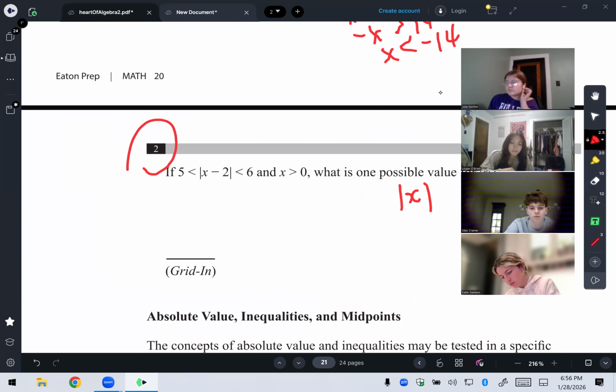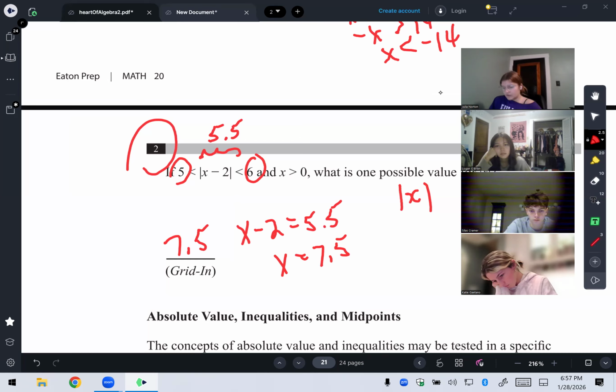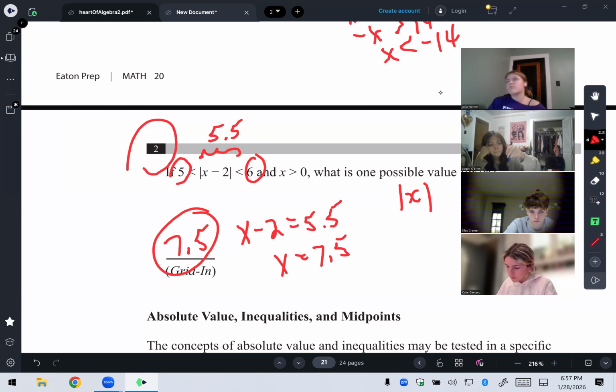So let's say between 5 and 6, we could think 5.5 is right in between there. So if x minus 2 equals 5.5, x could be 7.5. It could be different numbers, 7.6, whatever.